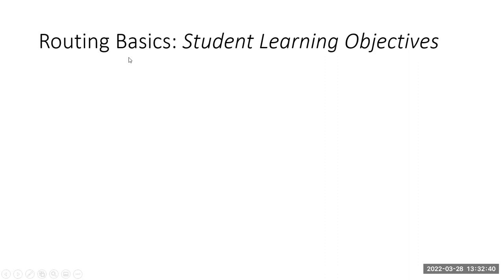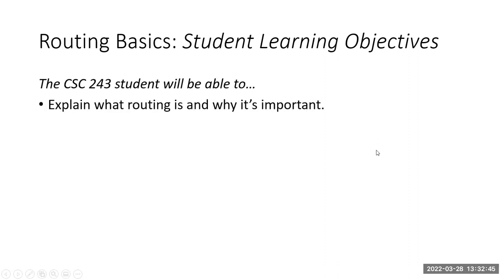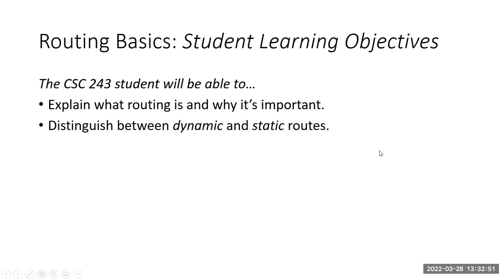There's kind of a dual nature. We call it the duality of routing. We explain what routing is and why it's important, and we want you to know each of those dual natures. We want you to distinguish between dynamic and static routes.